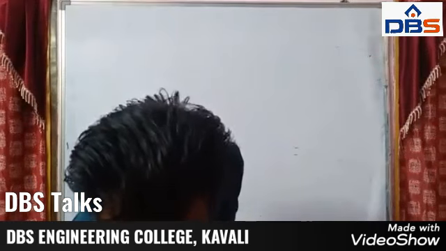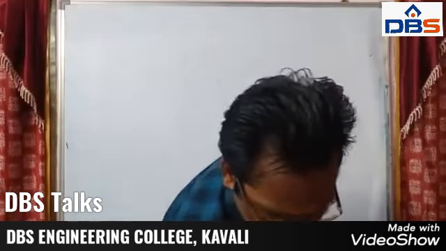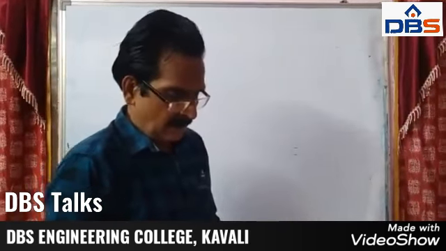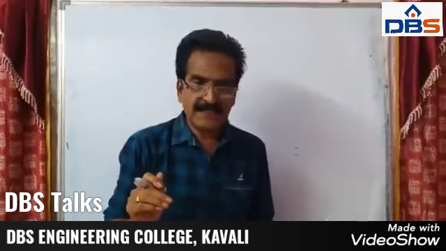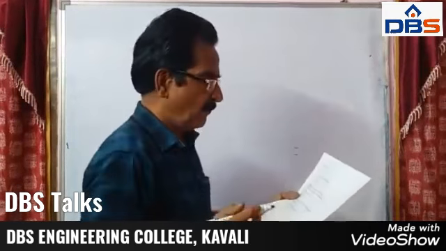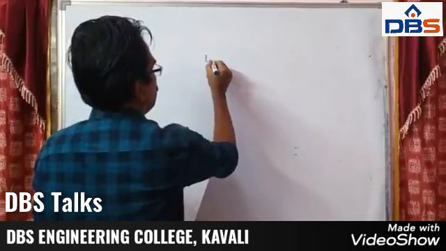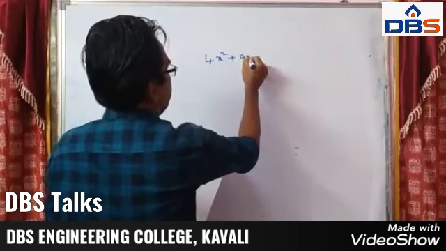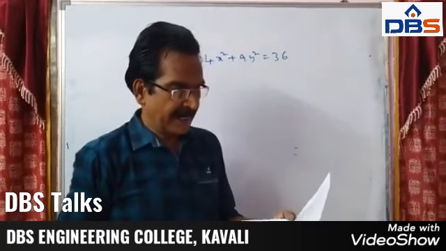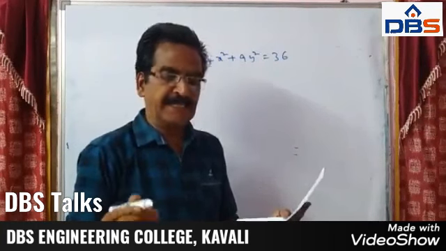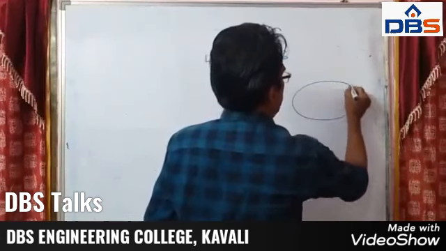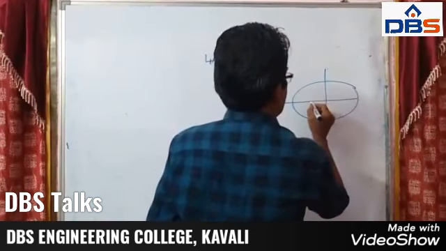And let us see one more problem friends. Find the equation of the tangent to the ellipse 4x square plus 9y square is equal to 36, at the end of the latus rectum lying in the second quadrant.